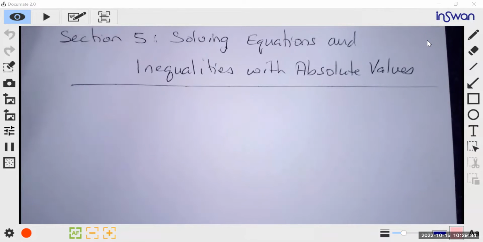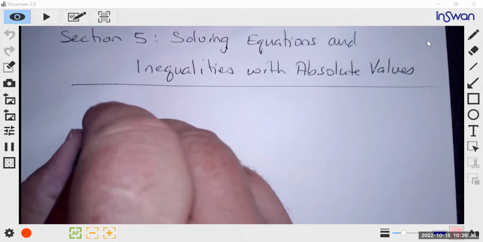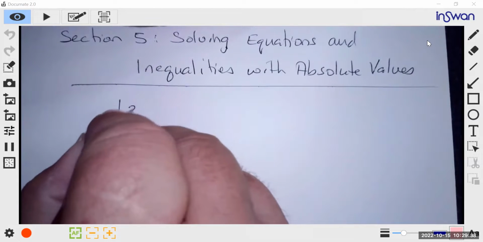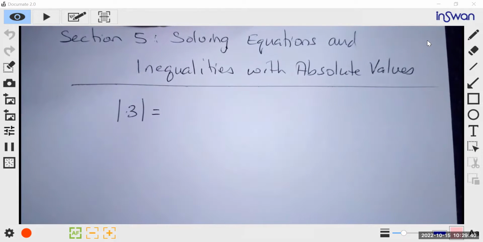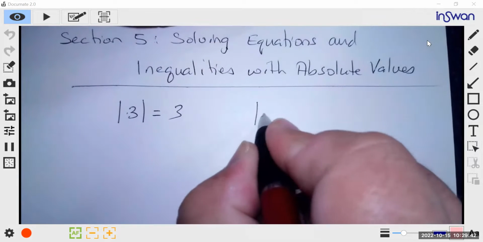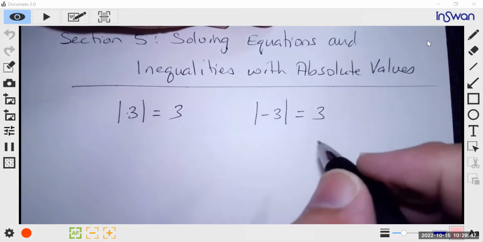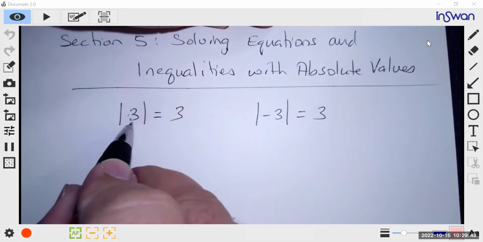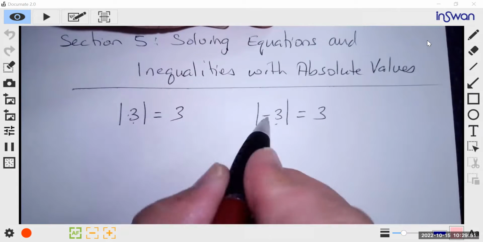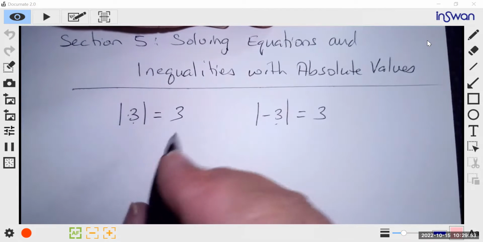This is pretty straightforward. So if we had the absolute value of 3, what does that equal? If I had the absolute value of -3, what does that equal? So inside there, I can put a positive or negative. It gives me the same answer.